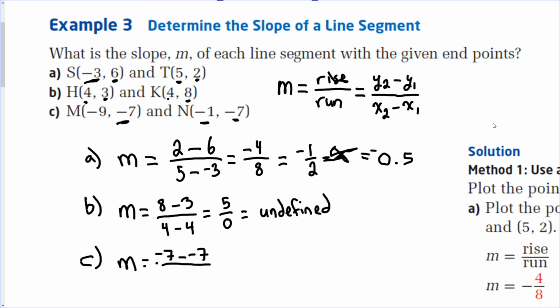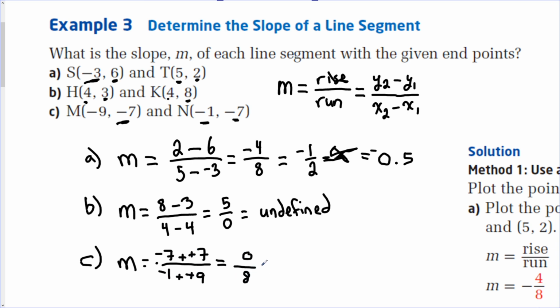Let's try that again. The second x value, which is -1, minus the first x value, which is -9. Well, -7 minus -7 is the same as -7 plus 7, which is plain old 0. -1 minus -9 is the same as -1 plus 9, which is 8.